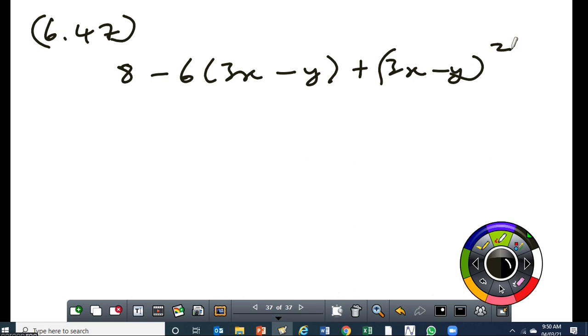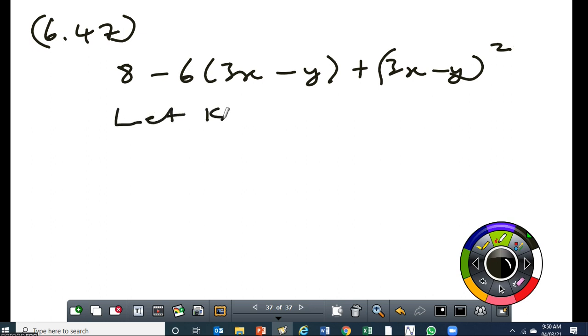So this question, if you want, you can remove the brackets, but the easiest way is just to use the substitution method. So here I have got two variables, the x and the y. I can still introduce a third variable. So I'm going to use k again.